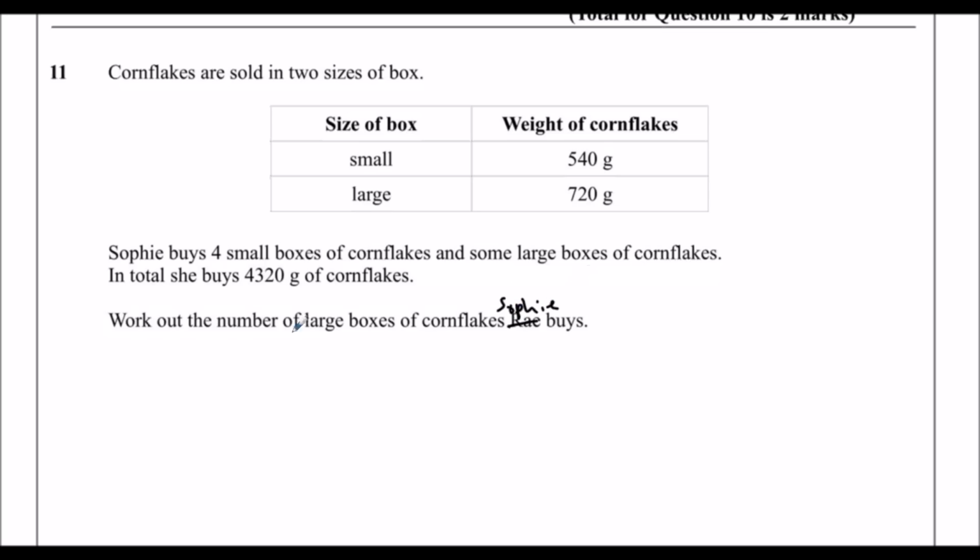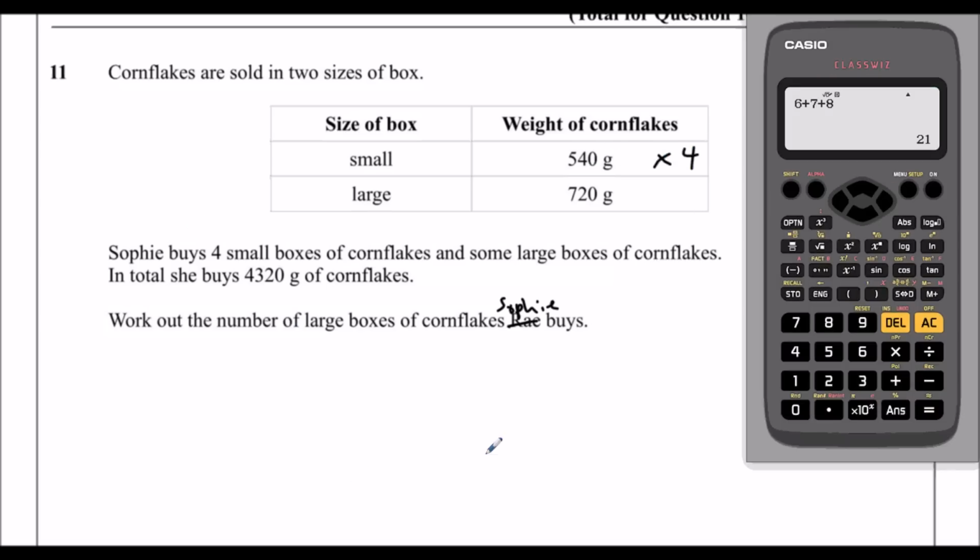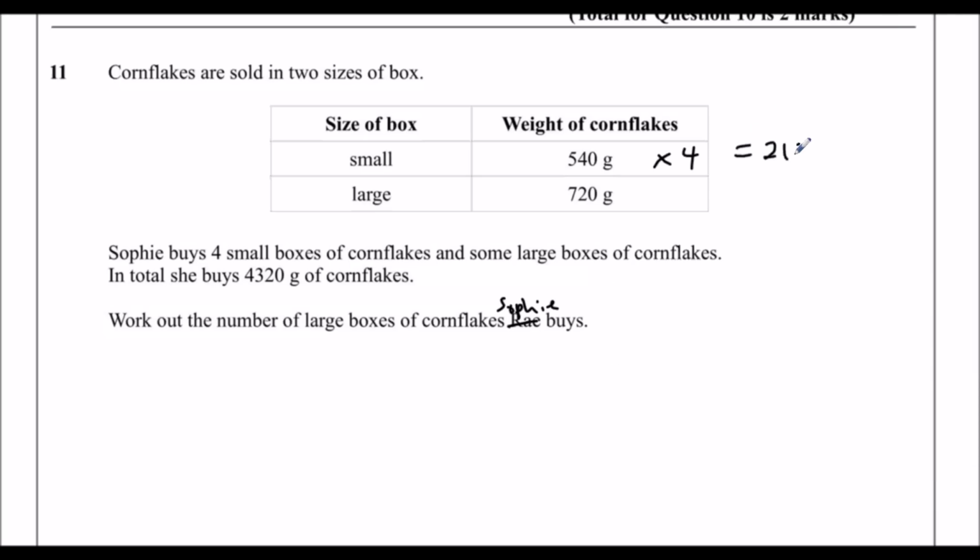So we've got 4 small boxes. So 540 times 4 is 2,160 grams. So we've got 2,160 grams of small boxes. We know the total number of grams. So if we take away the small boxes, we'll just have the large ones left.